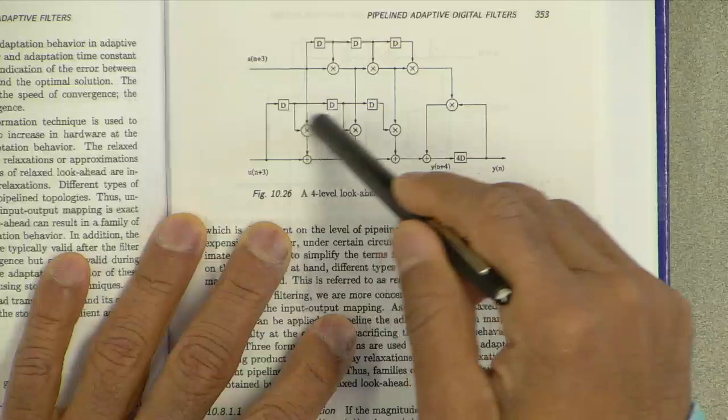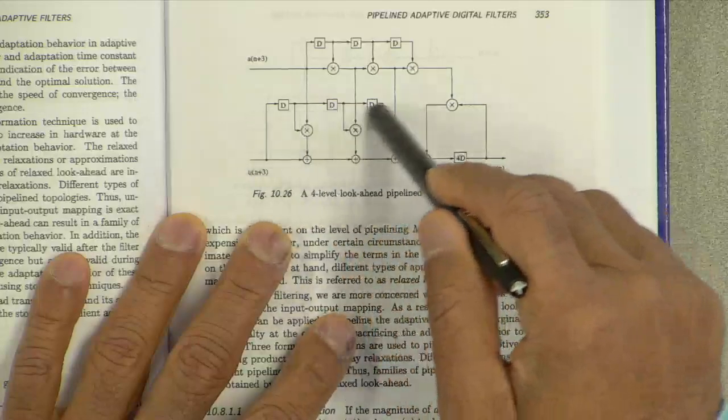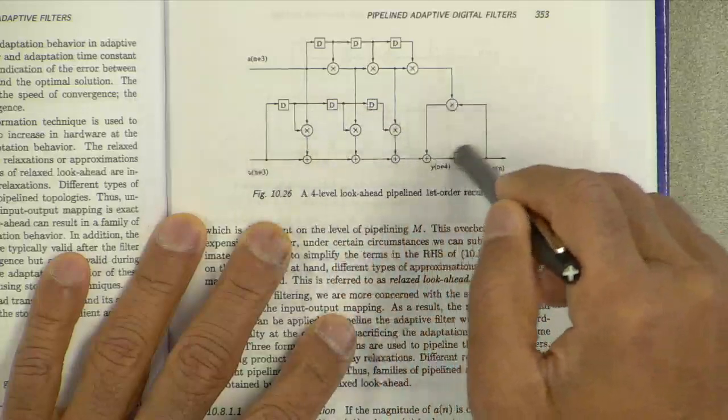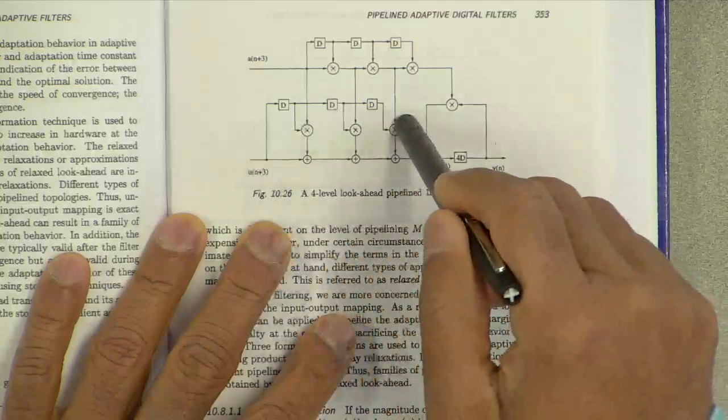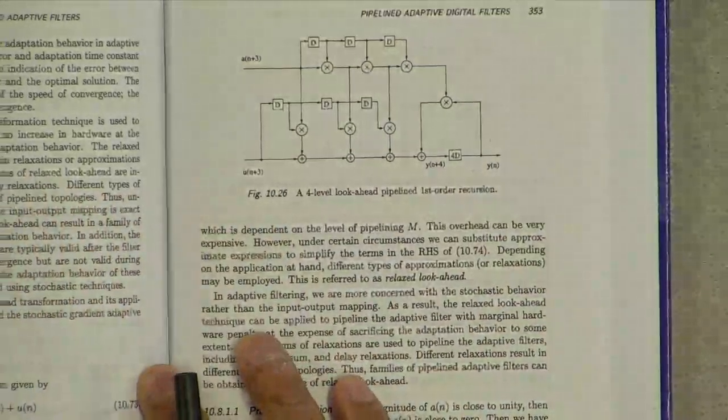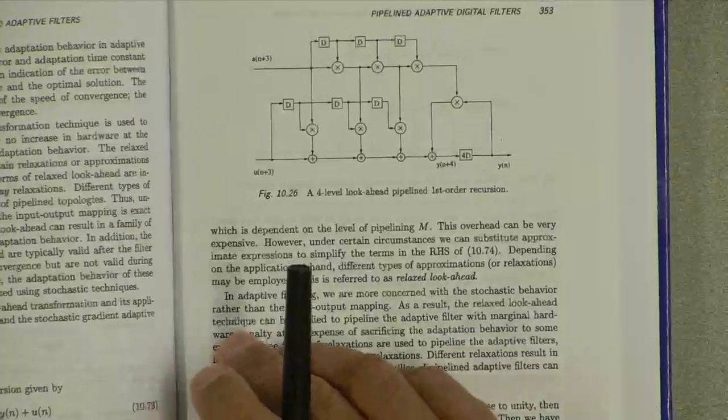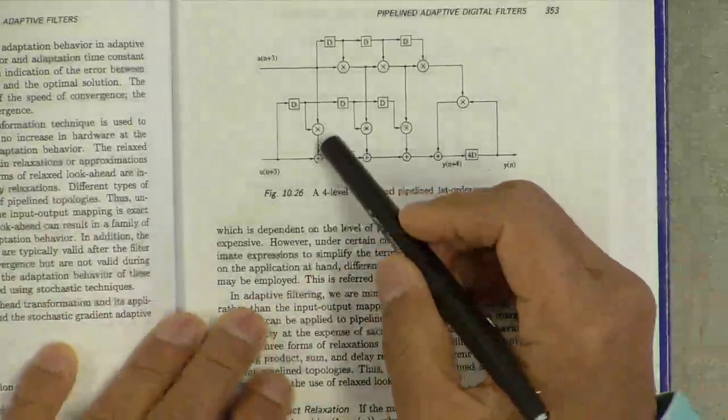And if you look at this pre-computation part, outside the feedback loop here, this is the feed forward part, and that expression is here.